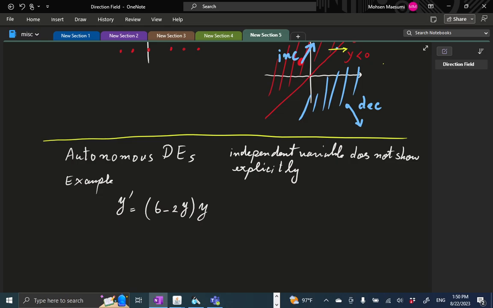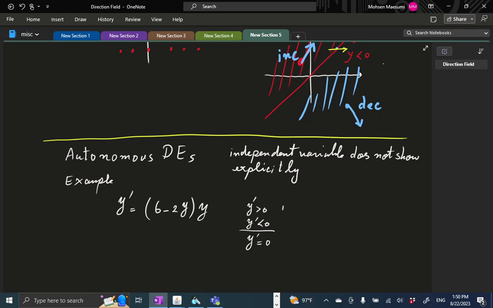Okay, suppose we want to decide where y prime is positive and where y prime is negative, and in between these two cases where y prime is 0.